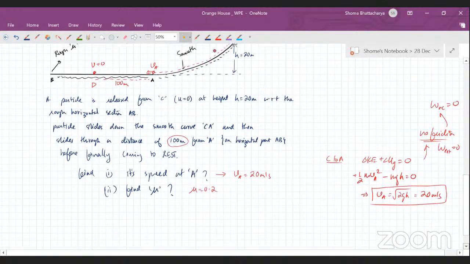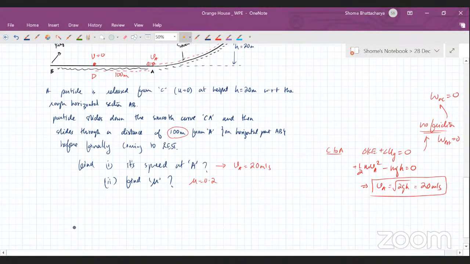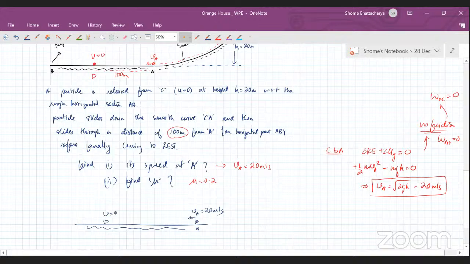So as the block, or the particle, whatever, is going on the rough surface from the point A, where its speed is given to us, we know it's 20 meters per second, to this point here where its speed is becoming zero. Now, at any in-between point, the forces acting on it are weight, normal reaction, and kinetic friction.